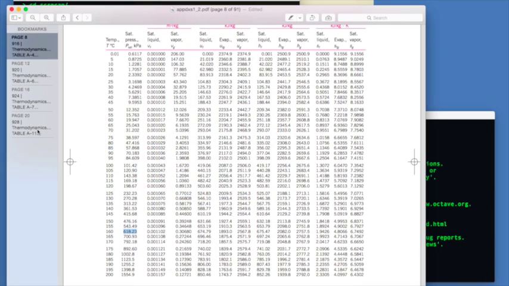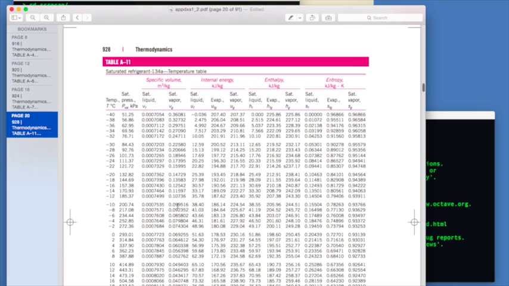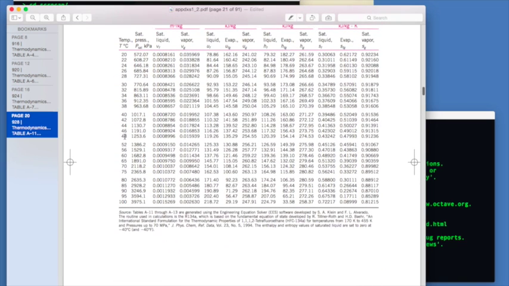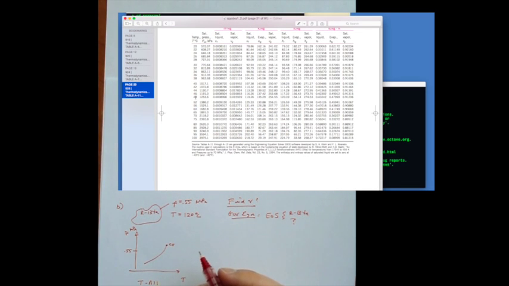So if we jump to table A11, we have the saturation curve data for R134A, and we can look at our given values. We have a temperature value of 120 degrees, and if we look in the R134A table, we see that 120 degrees doesn't appear. We're probably above the critical point temperature, and so we're probably gas. Let's take a look though. What we can find is 0.55 megapascals, which is the same as 550 kilopascals.